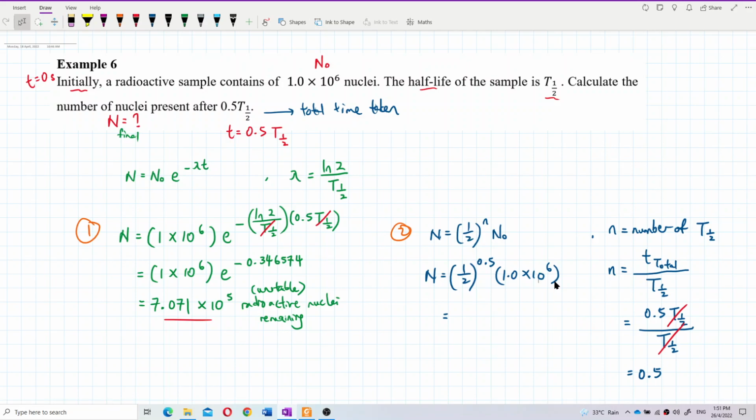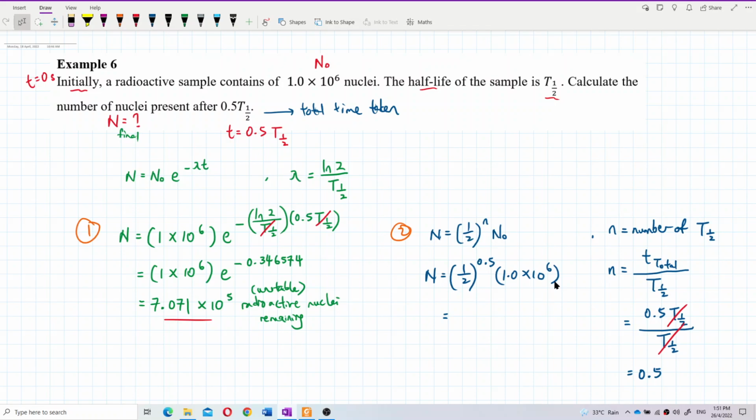So half to the power of 0.5, and then multiply by 1 exponent 6.